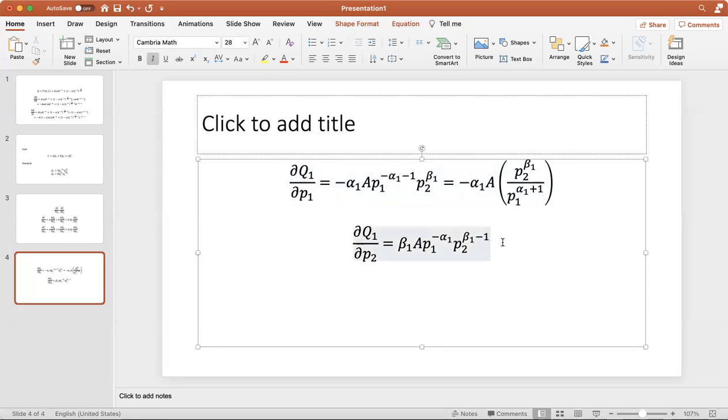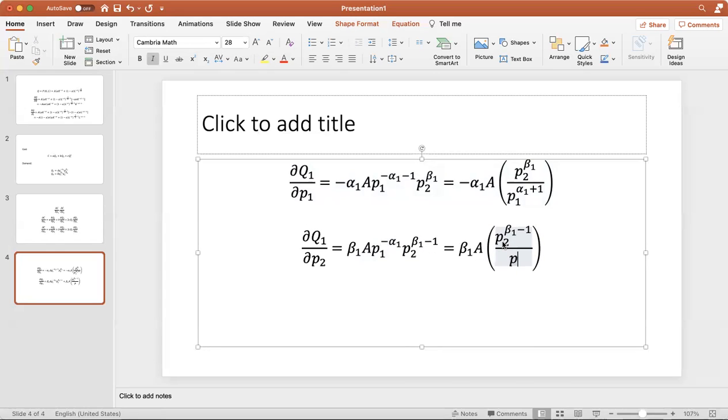So you just have beta 1, now we have a fraction, so we have P2 raised to beta 1 minus 1 all over P1 raised to alpha 1. So we can just plug this in later.